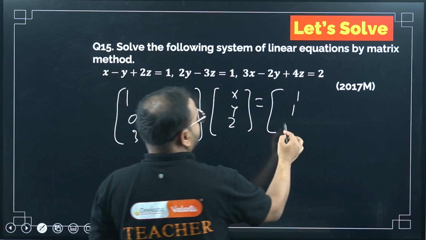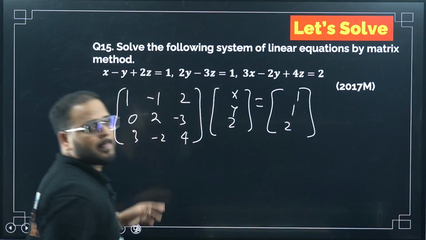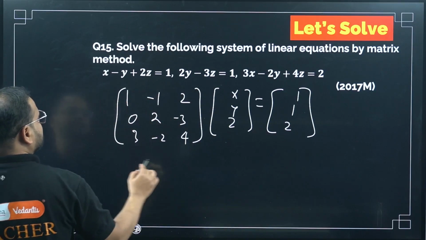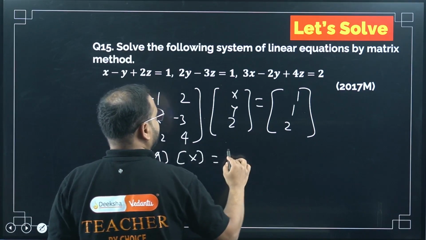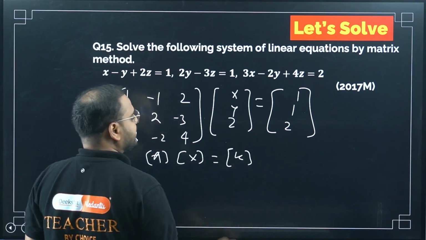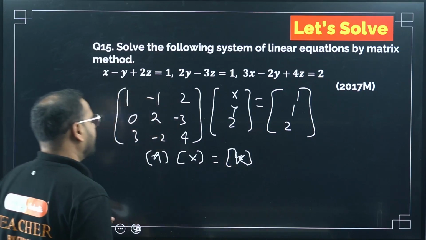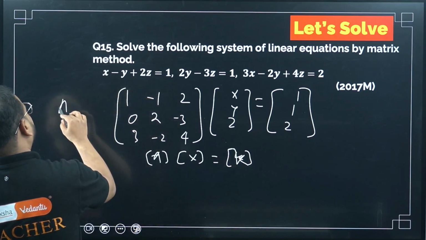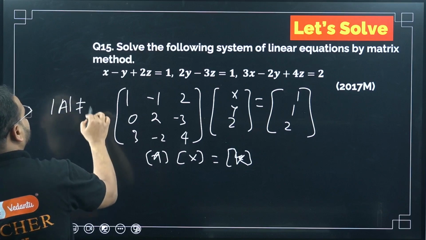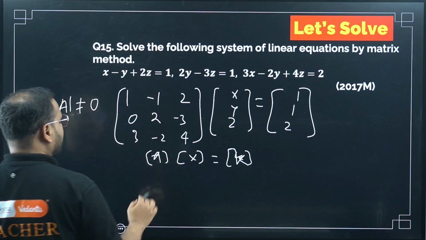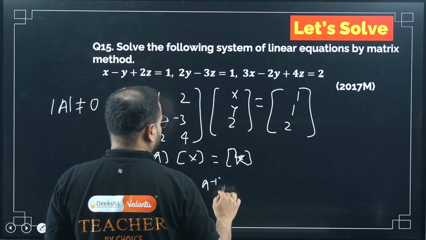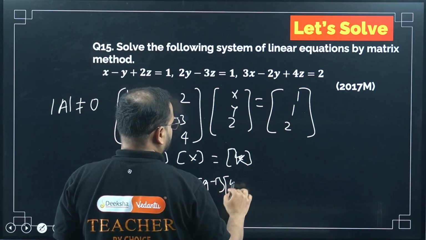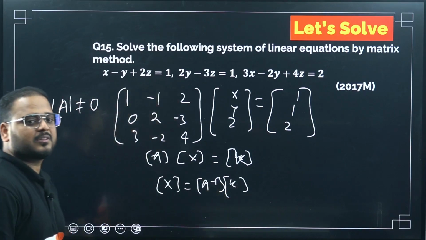First check the determinant of A, find it non-zero, then take A inverse, so X equals A inverse multiplied with K. First find A inverse, then multiply with K.